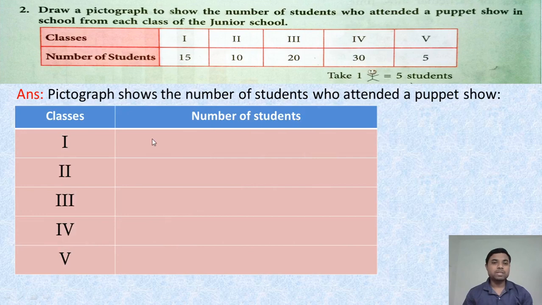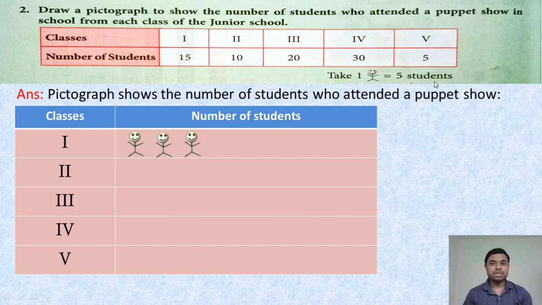Classes, number of students. So class 1 how many? 15. So first draw 1, it indicates 5 students. Again draw 1. So 5 plus 5, 10. 10 plus 5, 15. So for 15 you have to draw 3 symbols. Be careful, when this type of symbol is given, that means here more than 1.